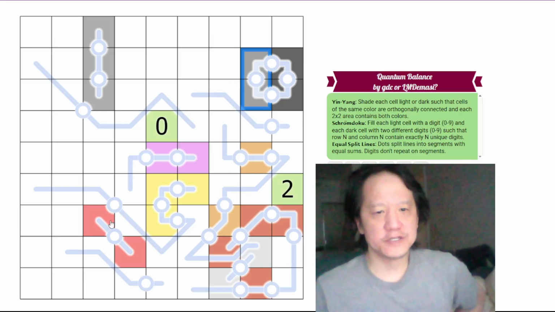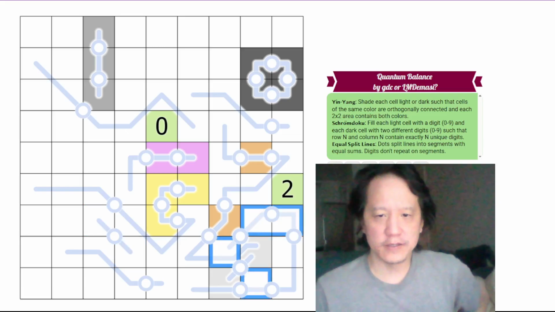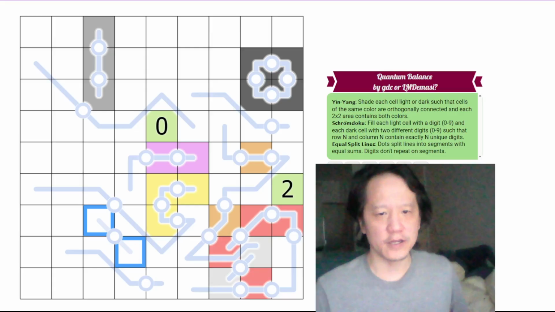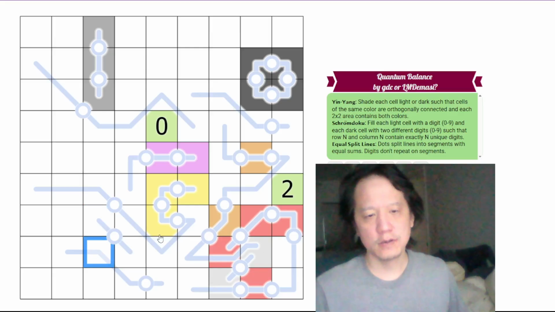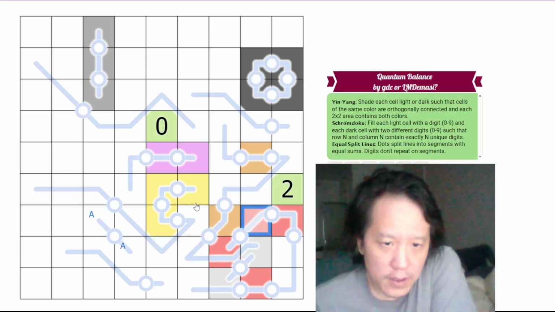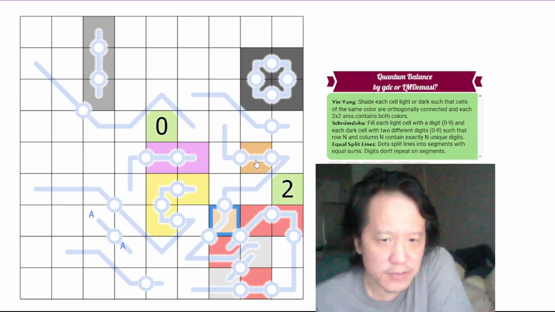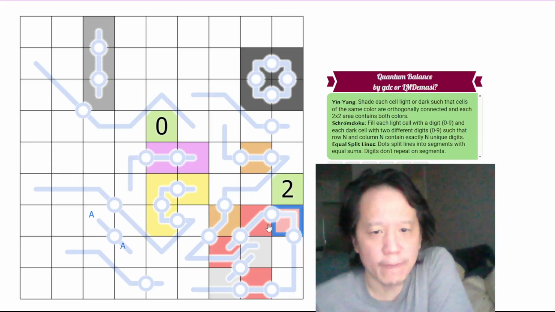So this red is not very helpful. Let's make the brown essentially the red. And then we can just mark that these are like A and A. Yellow can be useful. Pink could be useful. Orange, not really that useful.